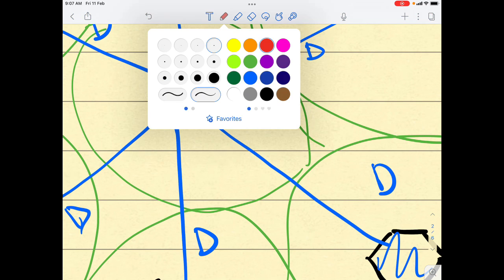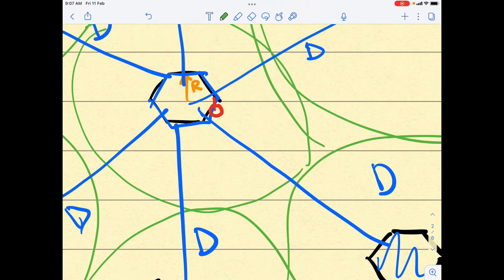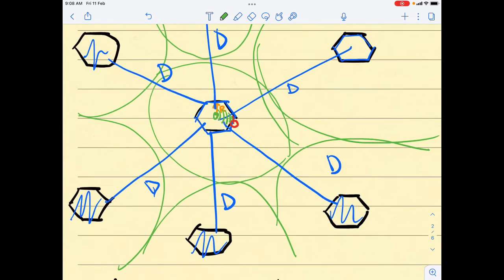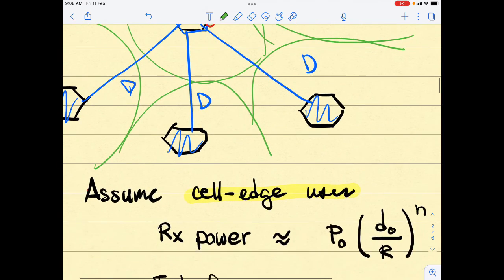So there's a base station in the middle which can transmit the intended signal to this user, and let's compute that signal strength.